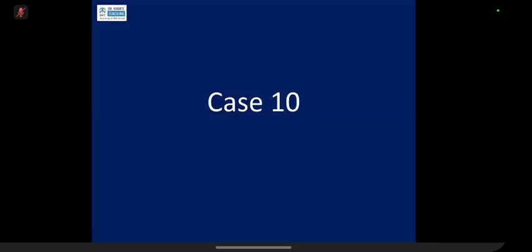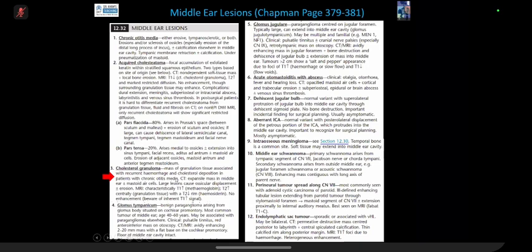Well done. So cholesterol granulomas can be in the middle ear and they can be in the petrous apex. And they take years to develop. There is a study in which they had images showing it developed over 22 years.